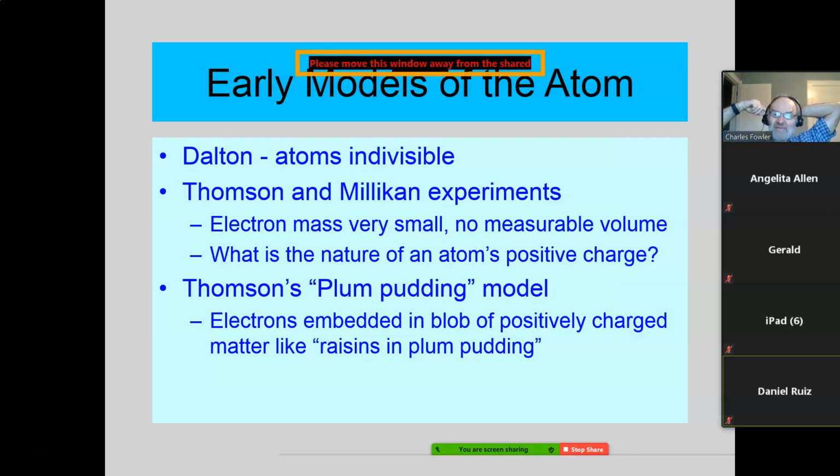No one could detect what volume those tiny little particles took up. So what was the nature of the atom's positive charge? They did not know.